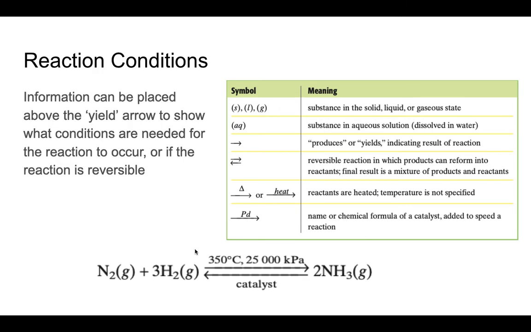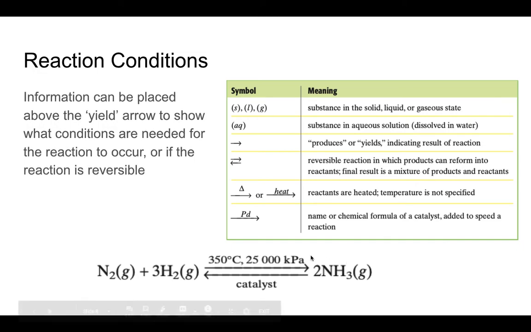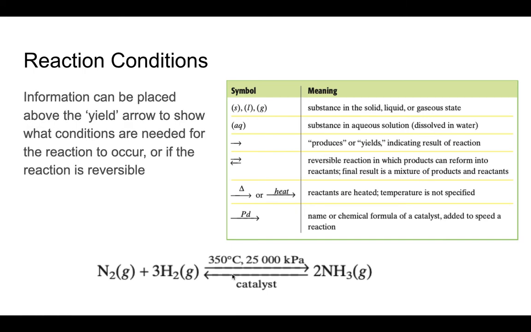So down at the bottom, we've got a reaction, and it says for the reaction to go from left side to right side, in this case, reactants to products, reactants of nitrogen gas and hydrogen gas, we need a temperature of 350 degrees Celsius and a pressure of 250,000 kilopascals. That's a pressure quantity. But it can also be reversible.